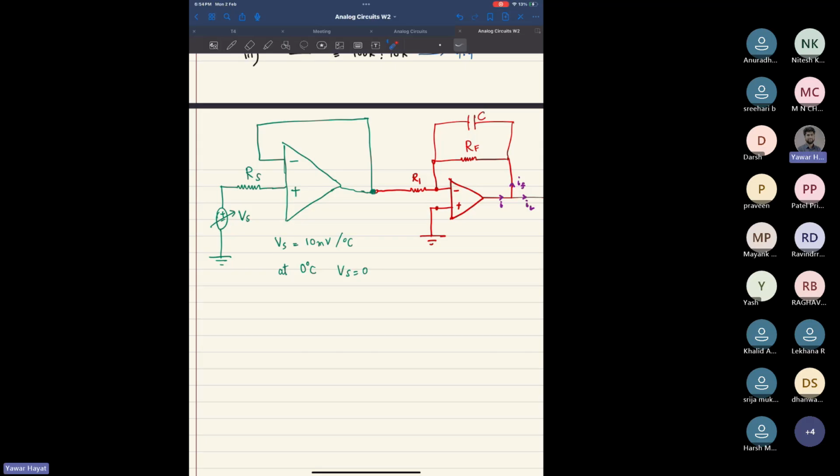So your gain would be maximized. Which configuration is this? Will the value of RS matter?